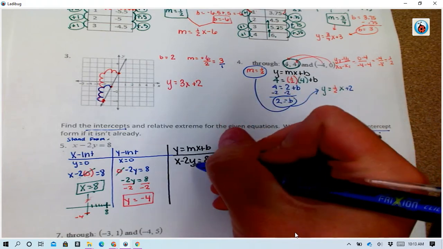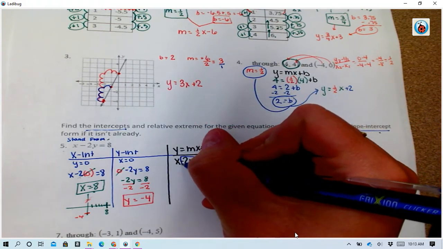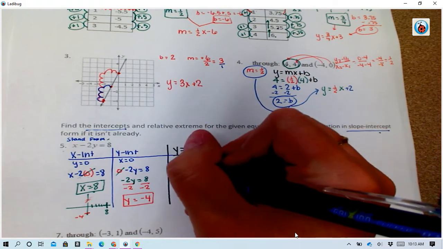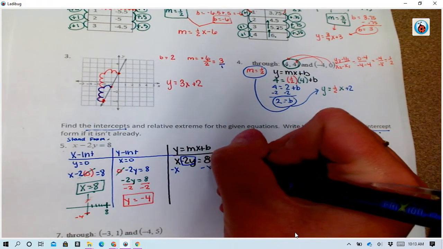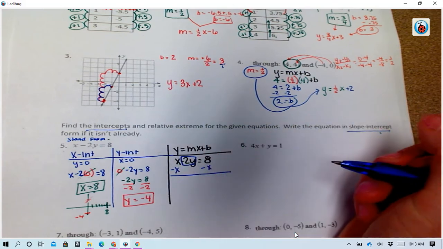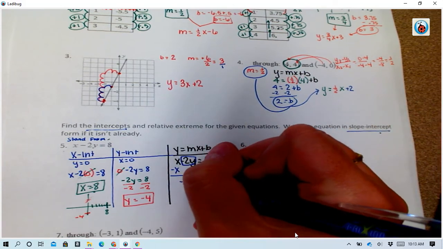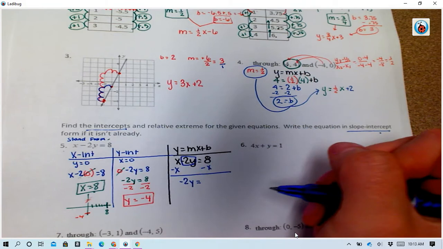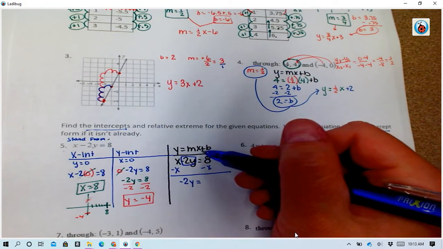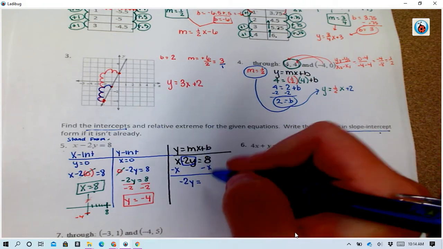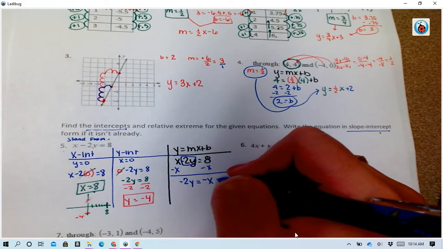Right now the y is stuck to this negative 2, so the only thing we can do is subtract x from both sides. That would leave us with negative 2y equals, well, in slope-intercept form the x goes first, so I'm going to write negative x plus 8.